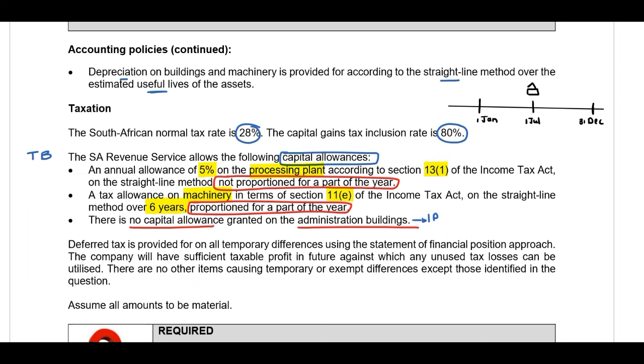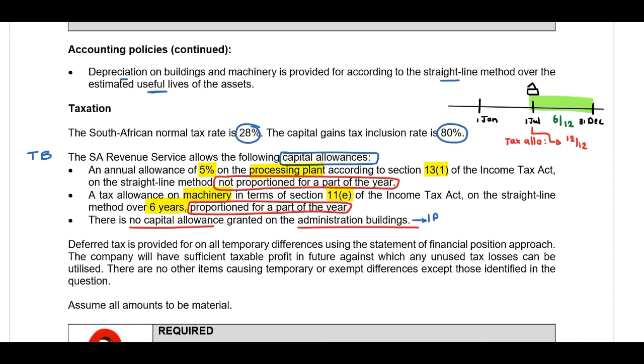We will have to determine the depreciation for this building for 6 months. Therefore, we will proportion it over 6 months. If it is not proportionate in terms of our tax allowance, we will calculate the tax allowance for the full 12 months, 1 year.